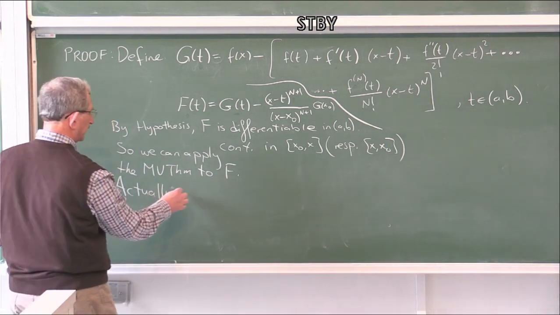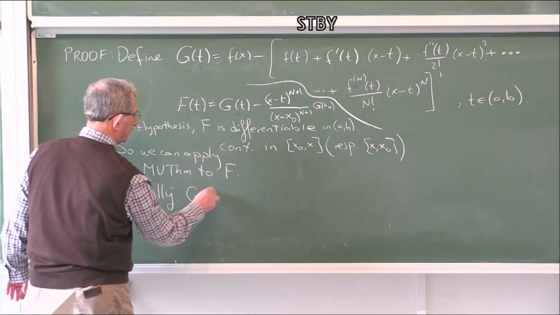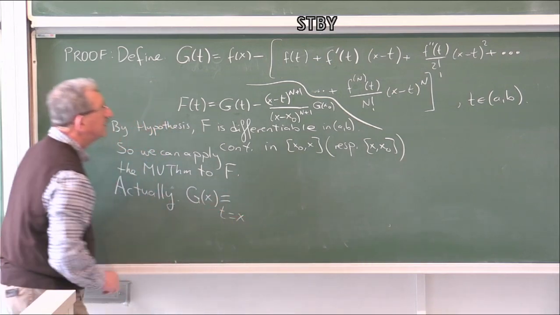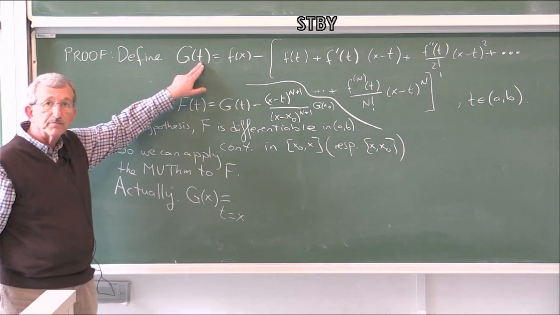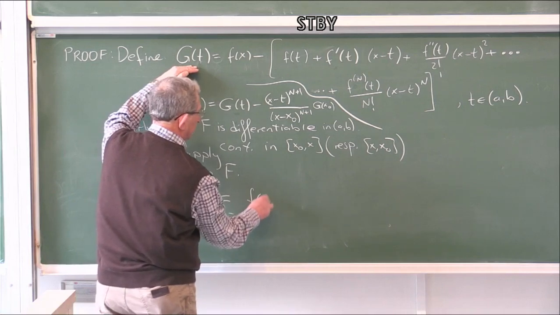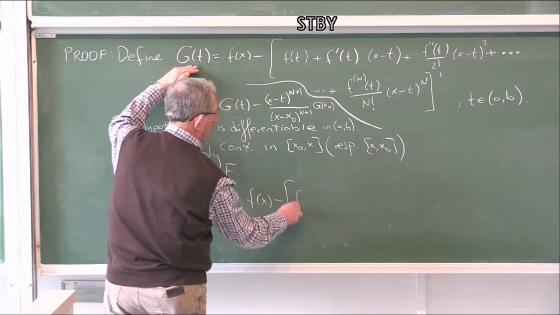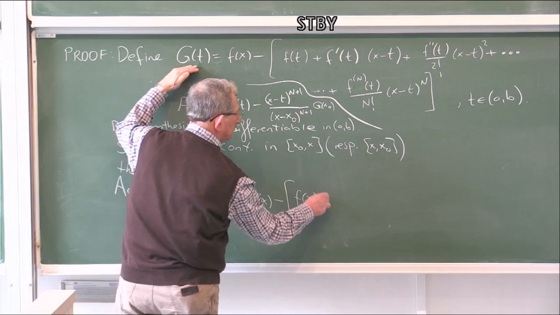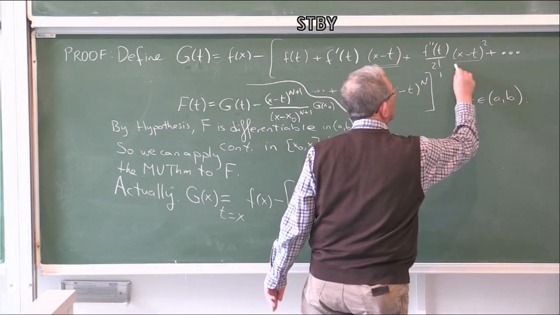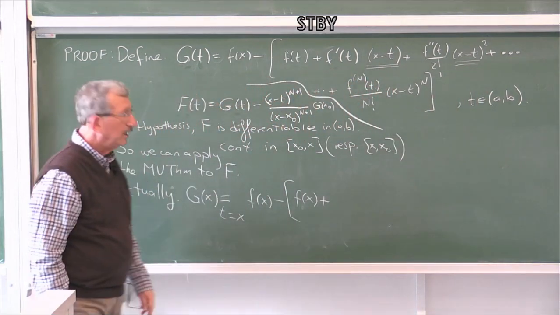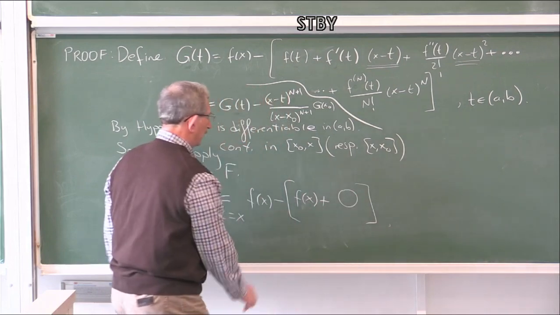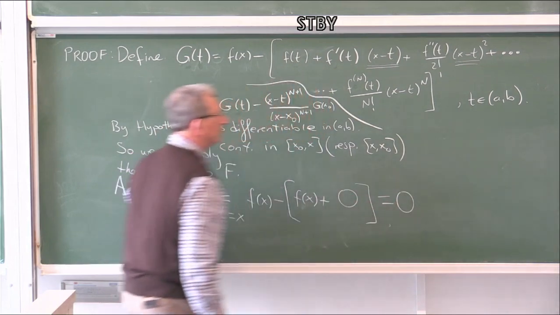This means that t is replaced with x, because g is a function of t. So when we put x, we have here f of x minus f of x plus, now in the remaining part, we always have x minus t's. So this part is 0. So it is 0.